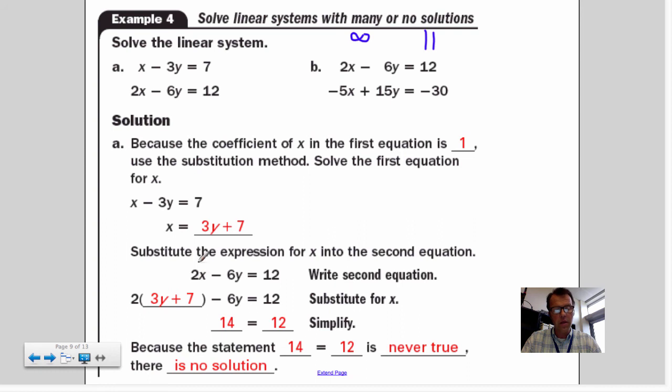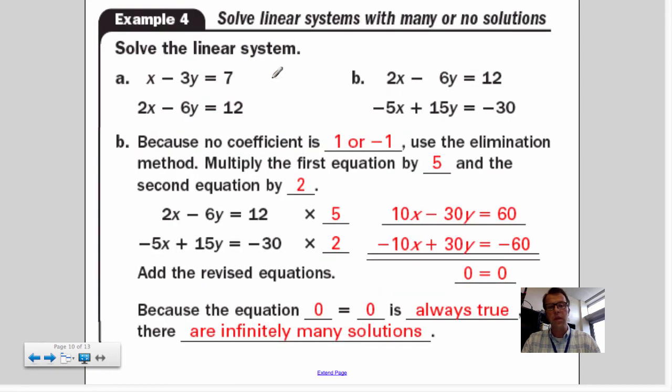When they substitute in, they solve the first equation for x, substitute into the second equation, and then as they start going, notice this 2 distributed into 3y gets you 6y minus 6y. The variable y cancels. And all you're left with is 14 is equal to 12. And by the way, that is not equal, right? 14 does not equal 12. So it's never true. And then what you need to do is take it and say, hey, there is no solution, right? These lines ended up being parallel. And you might have noticed that a little bit by looking at the equations. If you were to graph them, they would be parallel lines.